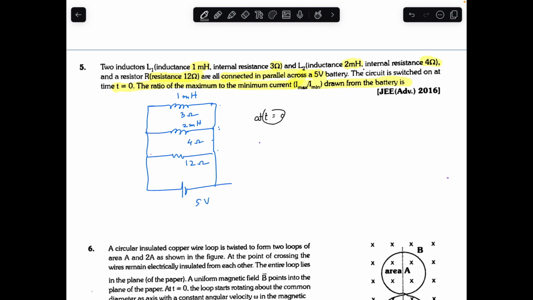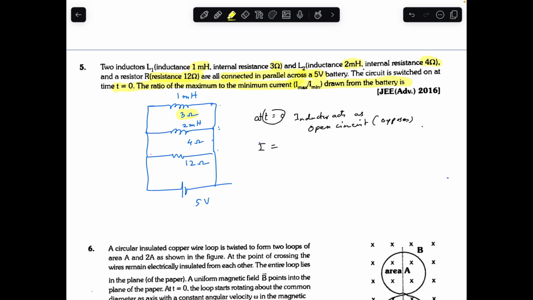So at t equal to 0, the inductor acts as an open circuit. Basically it opposes. So will the current be minimum or maximum? At t equal to 0, current will be minimum because resistance will be maximum.